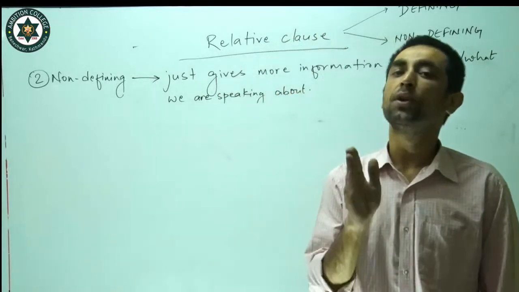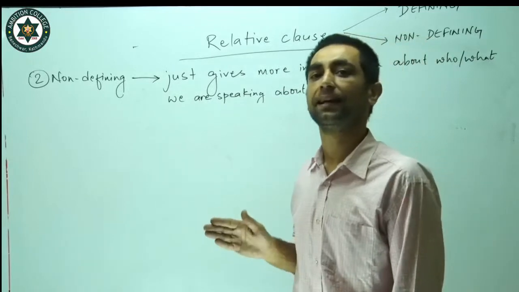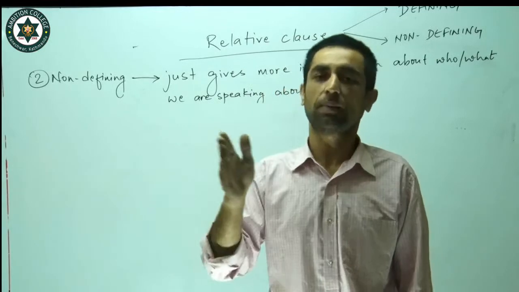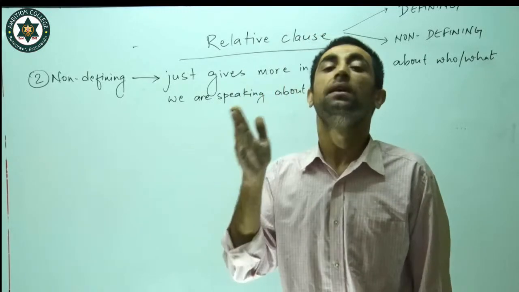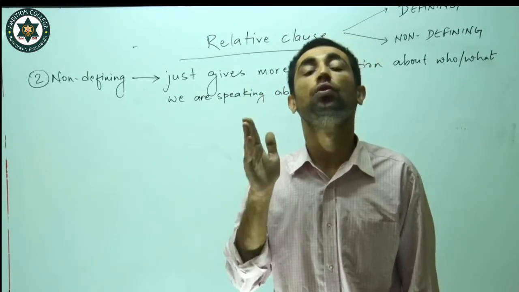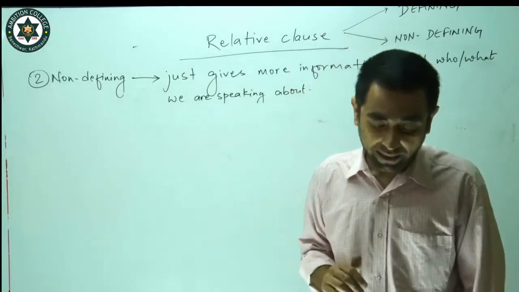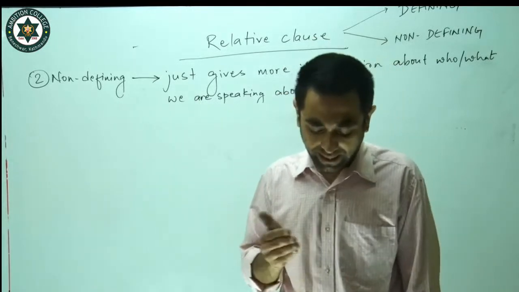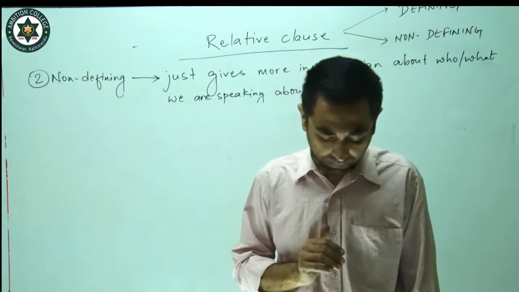But if you are providing the thing that is defining the object or the subject or the noun, then you do not use the comma. So this is how we discriminate between defining and non-defining relative clauses.